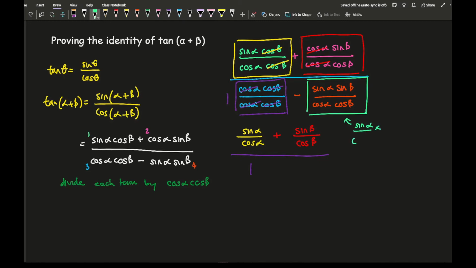If I split those up, I end up with sine alpha over cos alpha times sine beta over cos beta, which becomes tan alpha times tan beta.